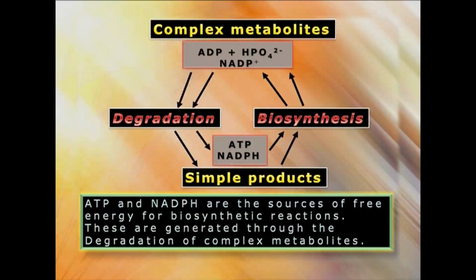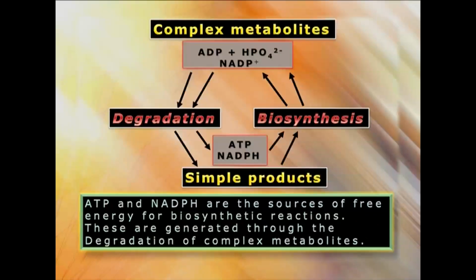As can be shown from this particular slide, the complex metabolites are degraded down to their respective simple products. In this particular process, ADP is phosphorylated to ATP and NADP plus is reduced to NADPH. Now, this particular branch is called catabolism.